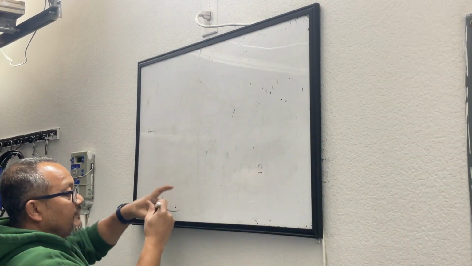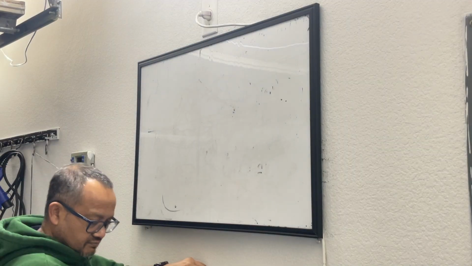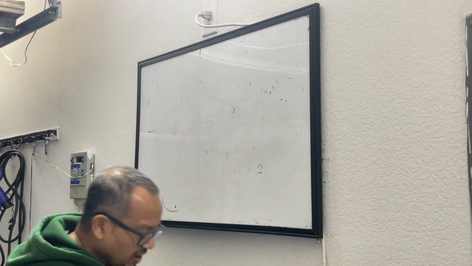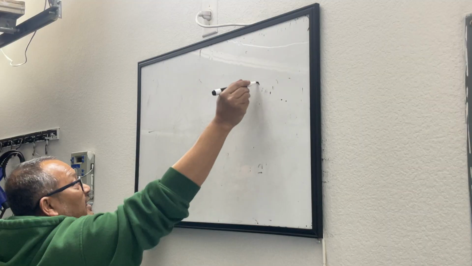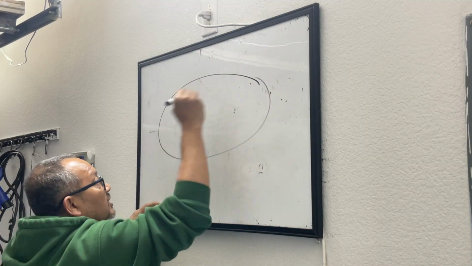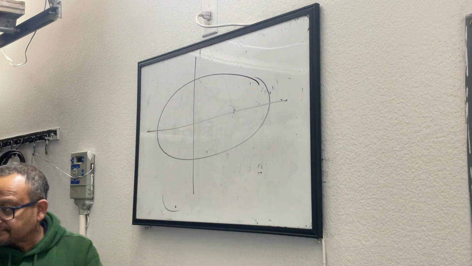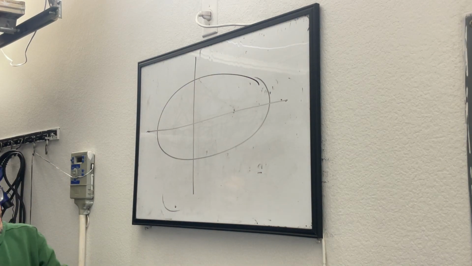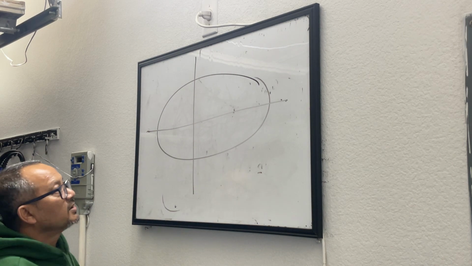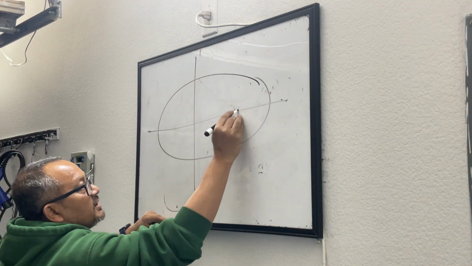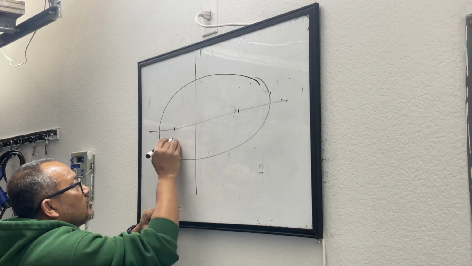So wipe off whatever I said, like the way I wiped off the board. So this is the ellipse. We are trying to find out, these are 2 foci, focal points.